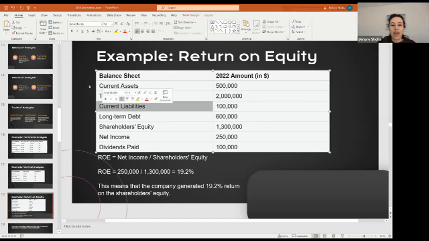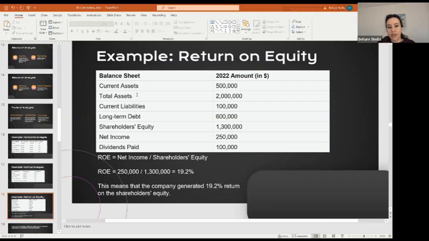We have the active part of the balance sheet, which is the current assets and the total assets. Actually, it is until here. We don't have long-term assets in this example, but if we did, they would sum up with the current assets, and then we would have total assets. And then we have current liabilities, long-term debt, shareholders' equity, net income, and dividends paid.